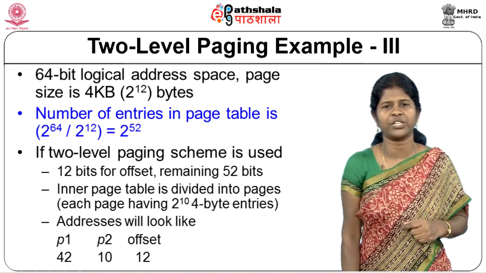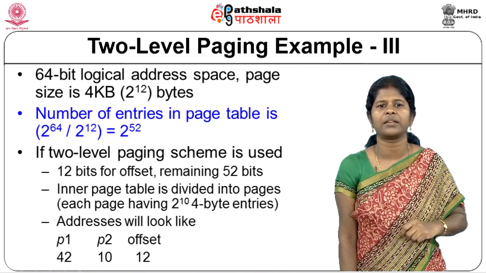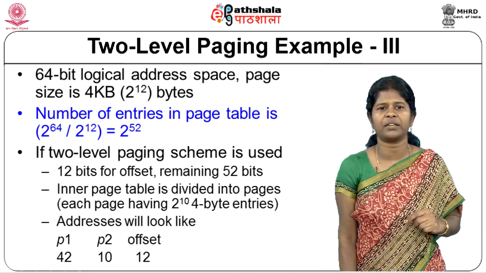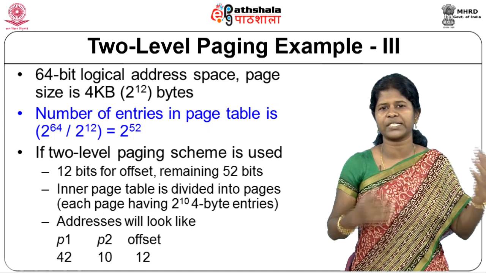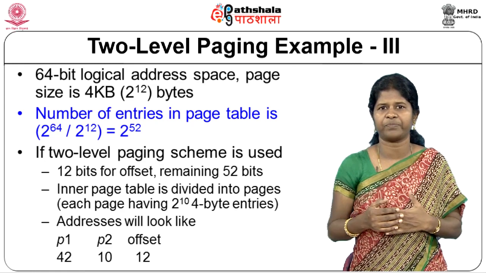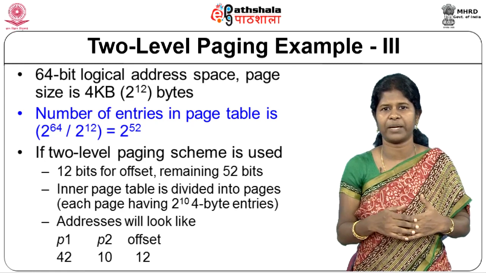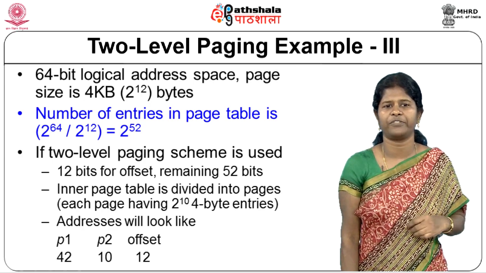So, the number of entries in the page table will be 2 power 64 divided by 2 power 12. That is, you are dividing the 2 power 64 sized process into pages of 2 power 12 bytes. So, 2 power 64 divided by 2 power 12 is 2 power 52.